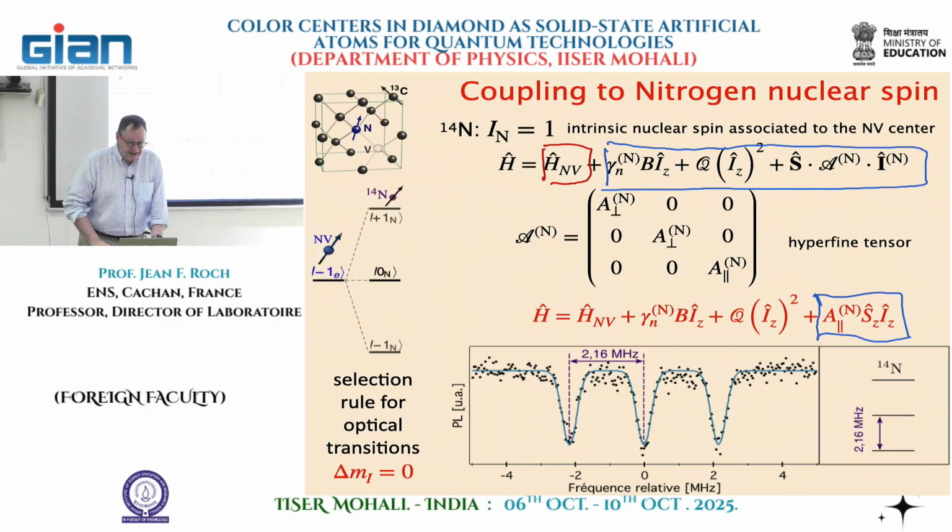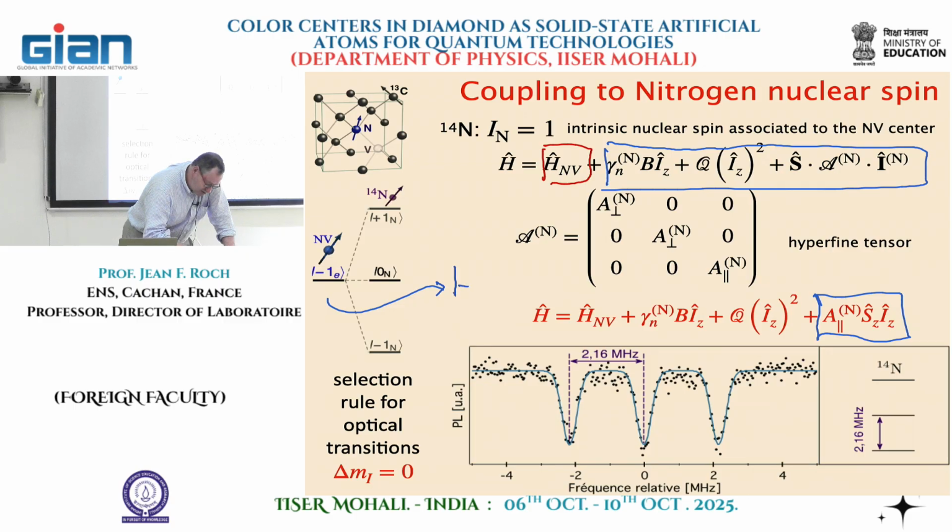So if you take that into account, what does it mean? If I consider, for instance, one level for the NV, which is either ms equals 0, ms equals plus 1, or ms equals minus 1, now I have this parameter, and I see that the interaction term will lead to a degeneracy that is removed. Let's put it like that: minus 1 for the electron and mI.